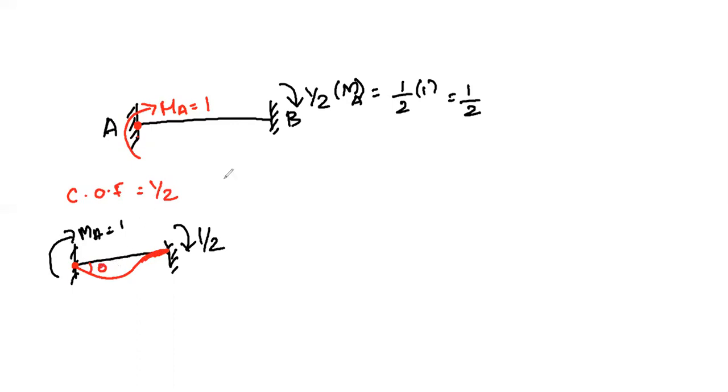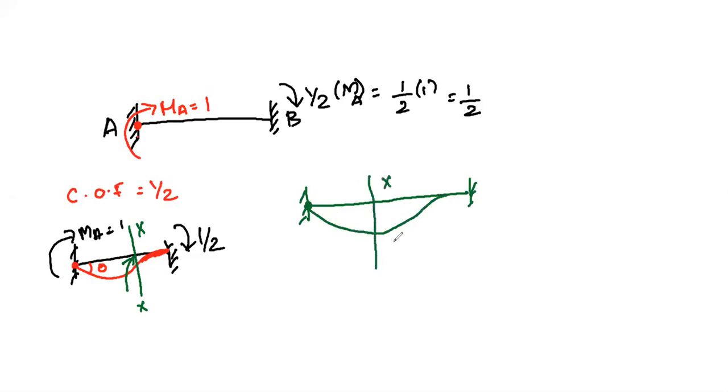Next, we are going to introduce one section in this beam. I am considering one section XX. This is the deflected shape of the beam. Here I have the hinge. You will have slope here as theta, but here there is no slope.